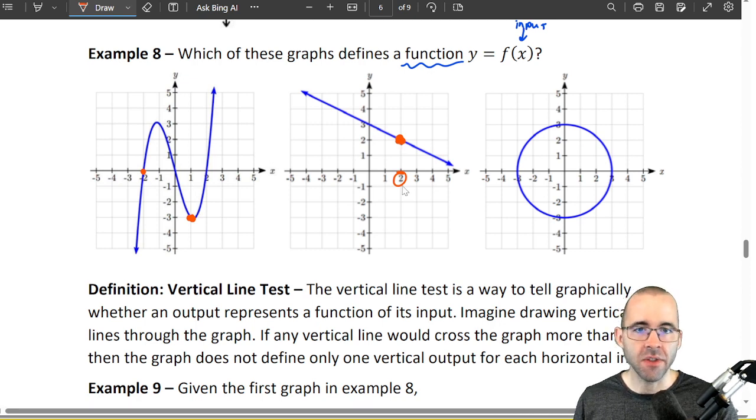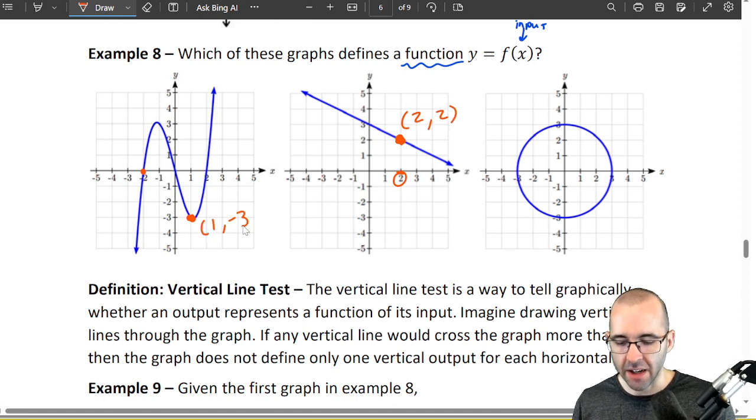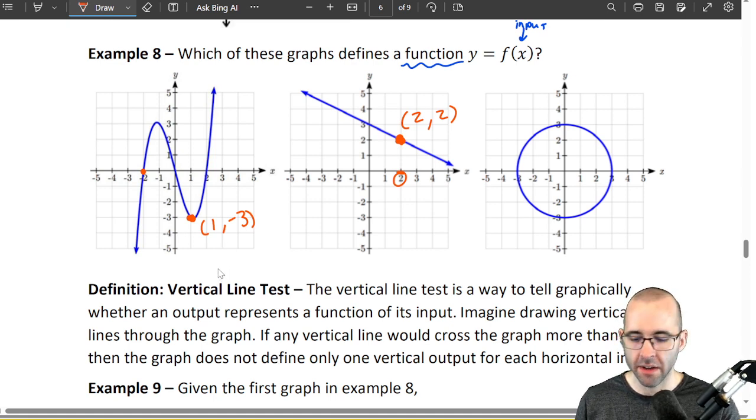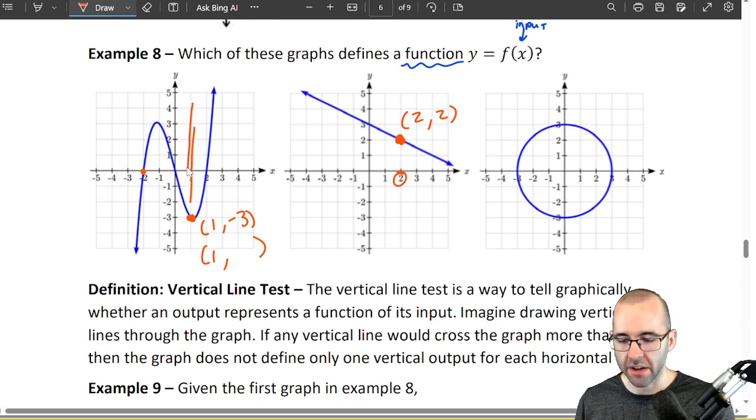So at the x value of 2, the y value in this case is also 2. Right? This is the point 2, 2. This is the point 1, -3, and so on. There's never going to be another point with the same x-coordinate and a different y-coordinate. If there were, right, it would look like 1, something. The x-coordinate would be here, but there's no other graph to give us another y-coordinate over here, you know?